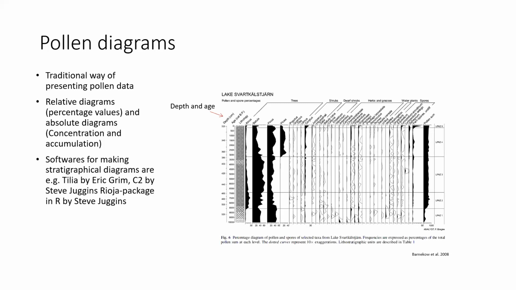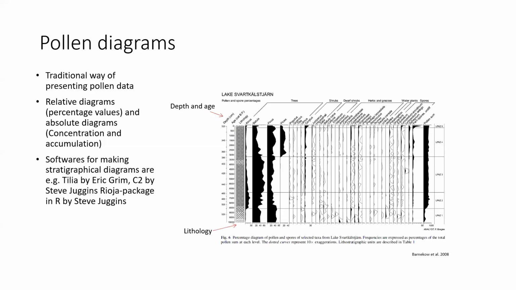If we wouldn't have the knowledge that, for example, here spruce appears in the vegetation around 3,000 years ago, if we wouldn't know when this happened, it wouldn't really say much. So the chronology is really important.